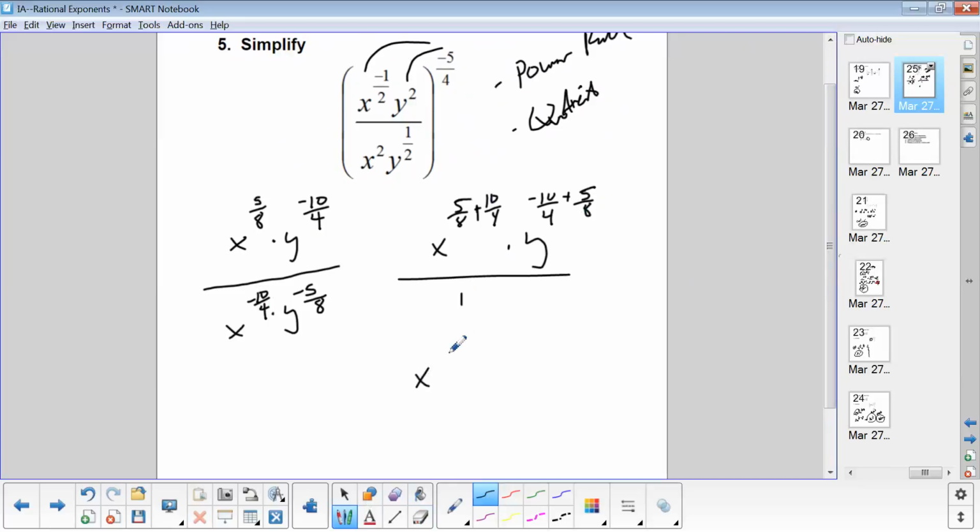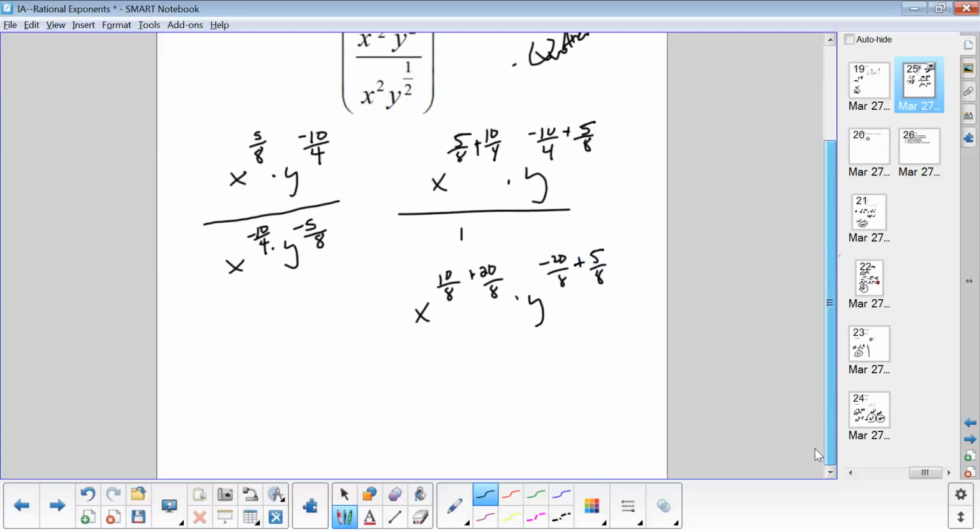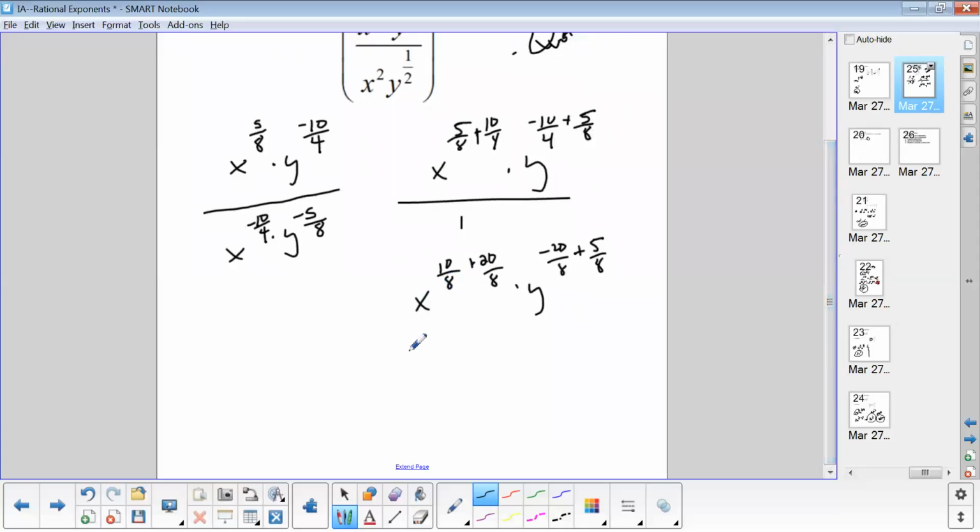So this will be x to the 10/8 plus 20/8 times y to the negative 28 plus 5/8. So 10/8 and 20/8, that would be x to the 30/8. And y to the negative 15/8.